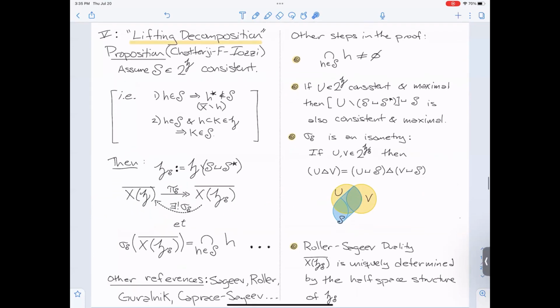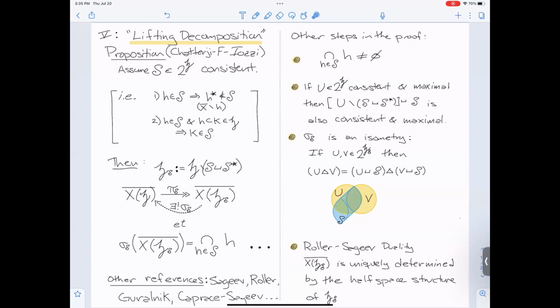Okay, so other steps in this proof: first I showed that this intersection is not empty. And again, this is in the Roller compactification. If I have an arbitrary set in 2 to the H that is consistent and maximal, and I remove the consistent set and its opposite, and then rejoin the consistent set, that will again be maximal and consistent.